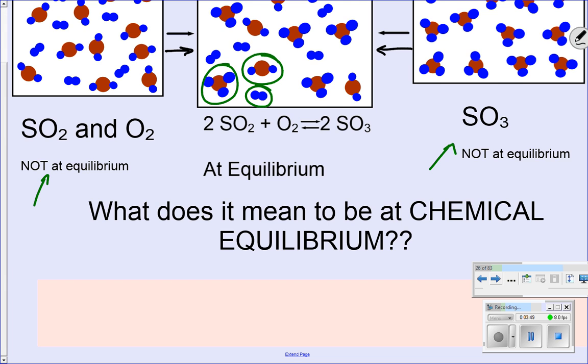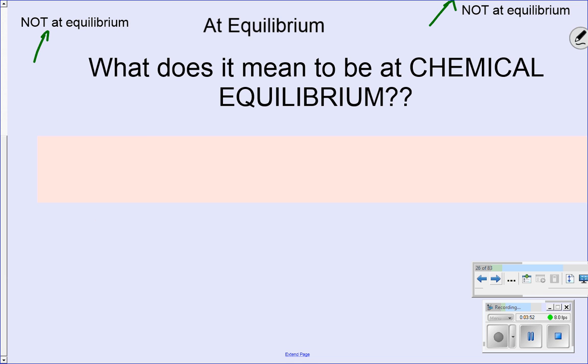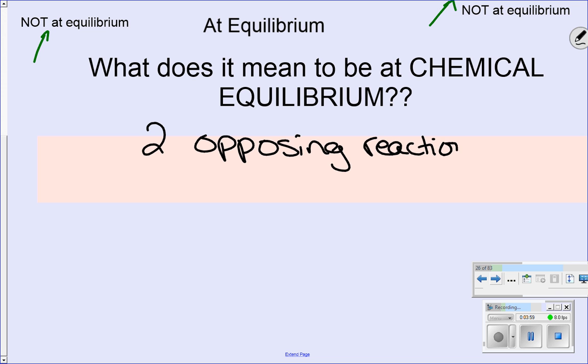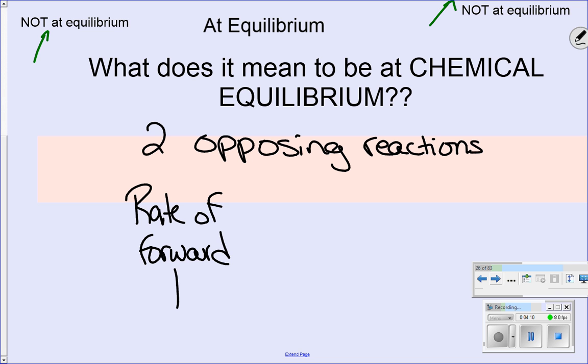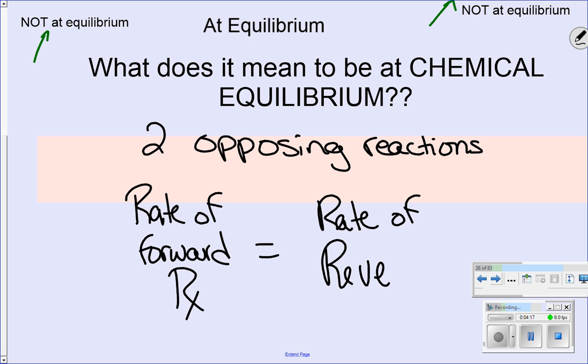So what it means to be at equilibrium is we have 2 opposing reactions, but the rate of each of these reactions is the same. So the rate of the forward reaction equals the rate of the reverse reaction.